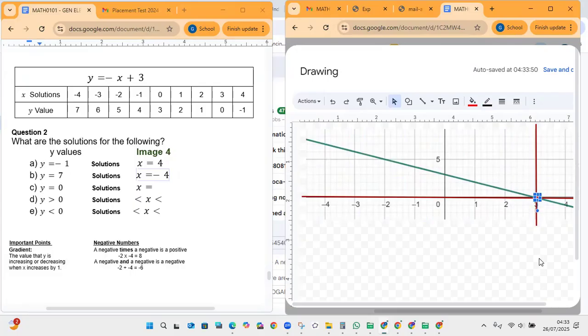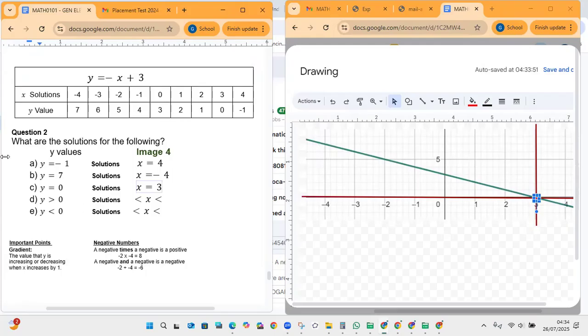There it is. And we can prove that in the table of ordered pairs, when the x solution is 3, the value of y is 0.